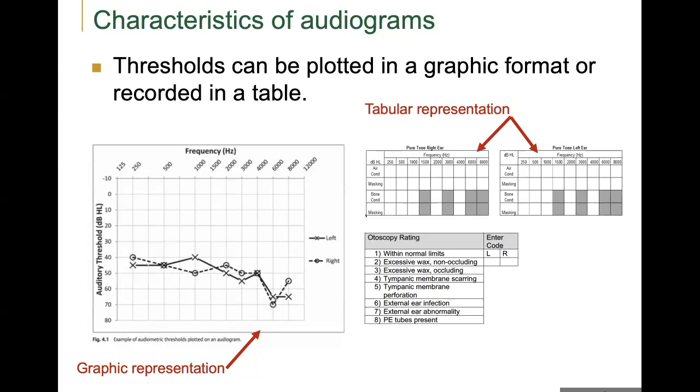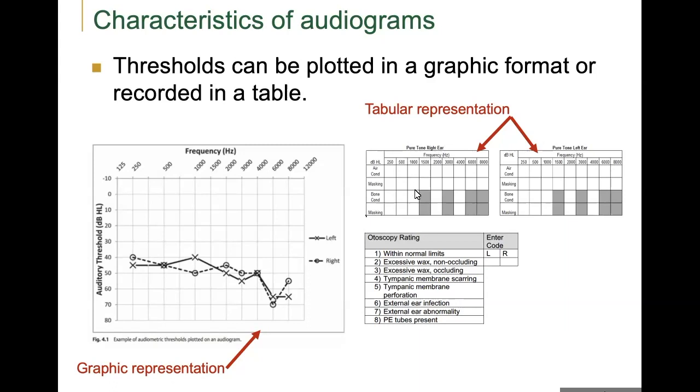We can look at hearing results this way, or we can look at results in a table. I think some of you may have seen this in one of the labs that we did in 501, where we have a way to designate ear, pure tone right, pure tone left. We've got frequency here, the title of this row.